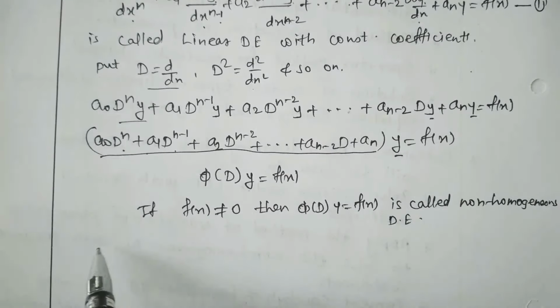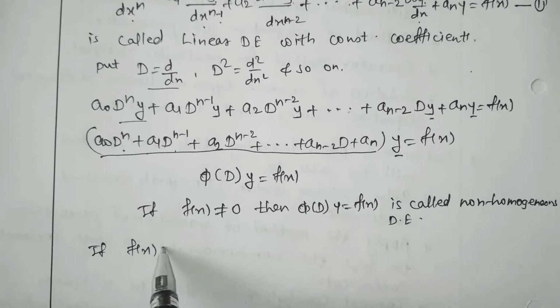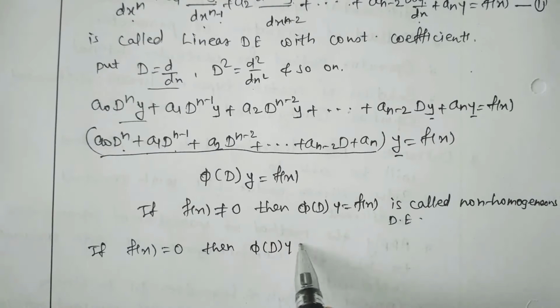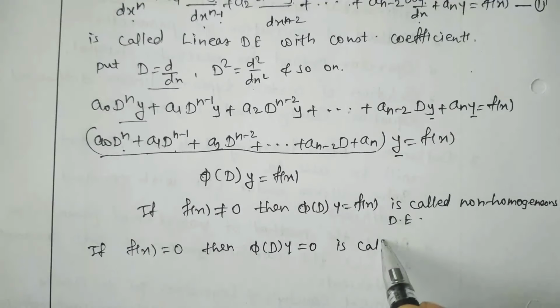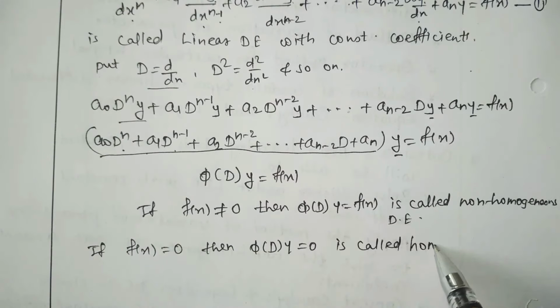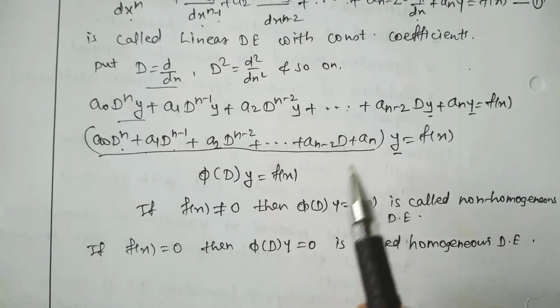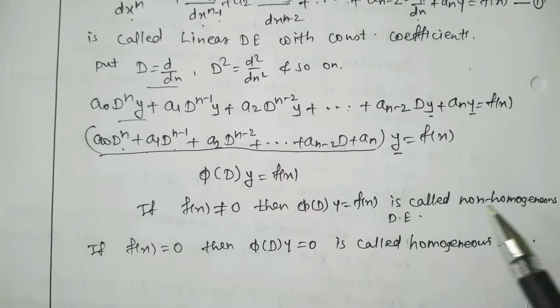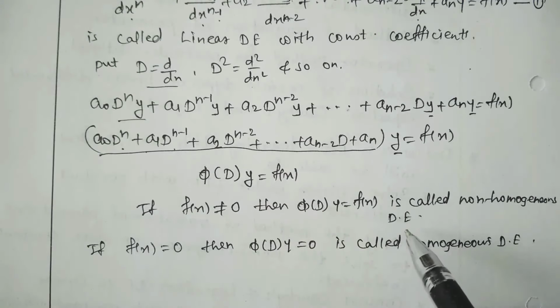And if the value of f of x is equal to 0, then phi of D into y is equal to 0 is called a homogeneous differential equation. That means if the right hand side is non-zero in a given differential equation, we call it a non-homogeneous differential equation. And if the right hand side term, that means f of x, is 0, then we call it a homogeneous differential equation.